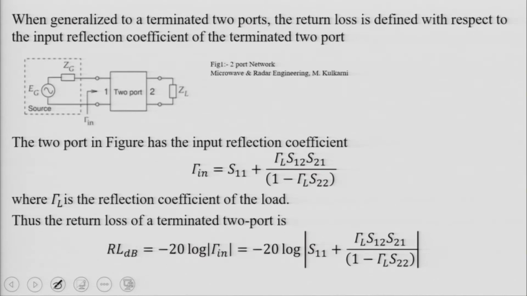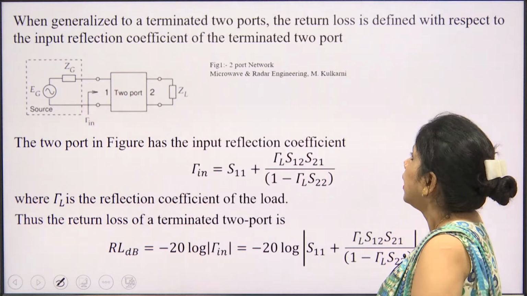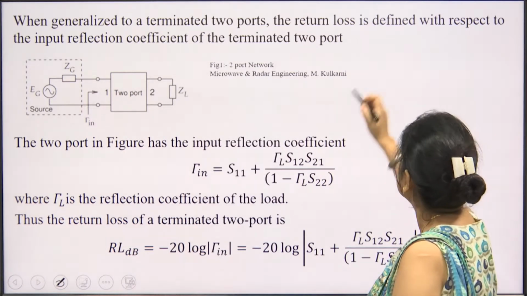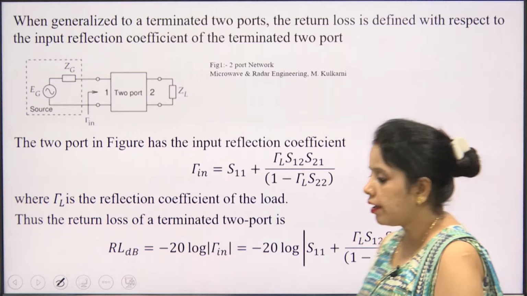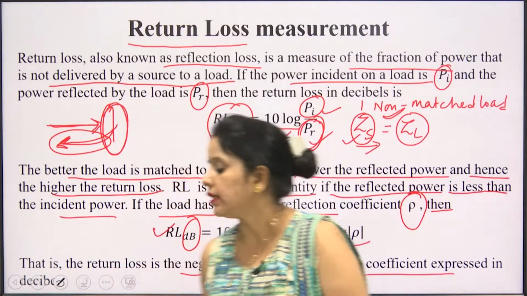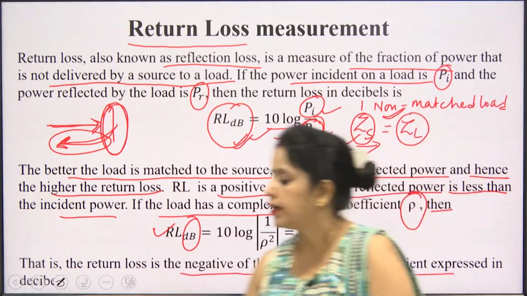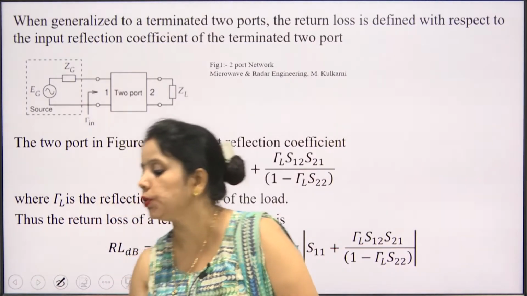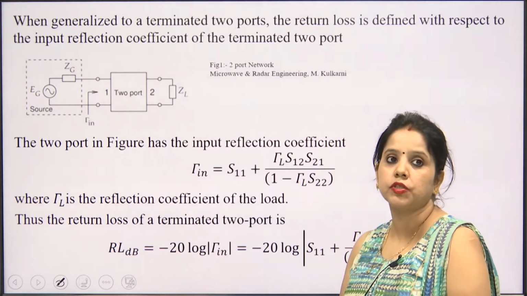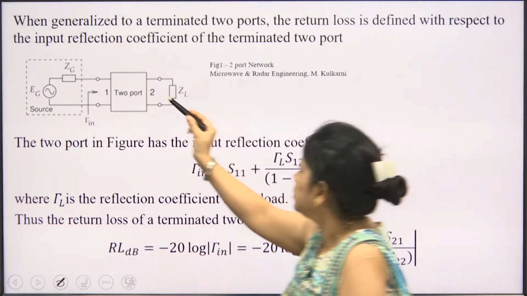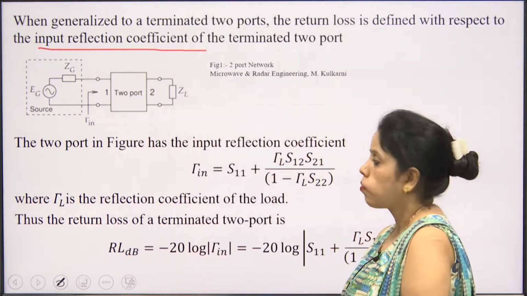Now, here is a two-port network, and two-port network return loss is defined with respect to the input reflection coefficient. So, here we have used the term that the return loss is the negative of the input reflection coefficient expressed in decibel. Now, we are going to calculate our return loss in terms of the input reflection coefficient.